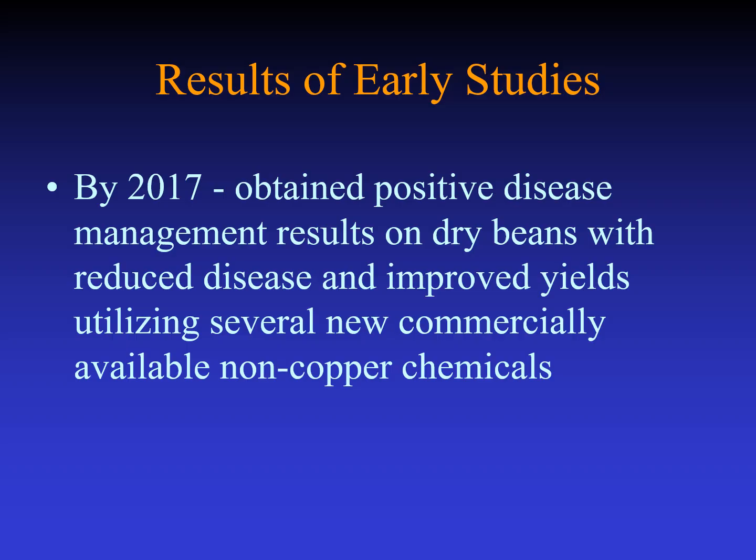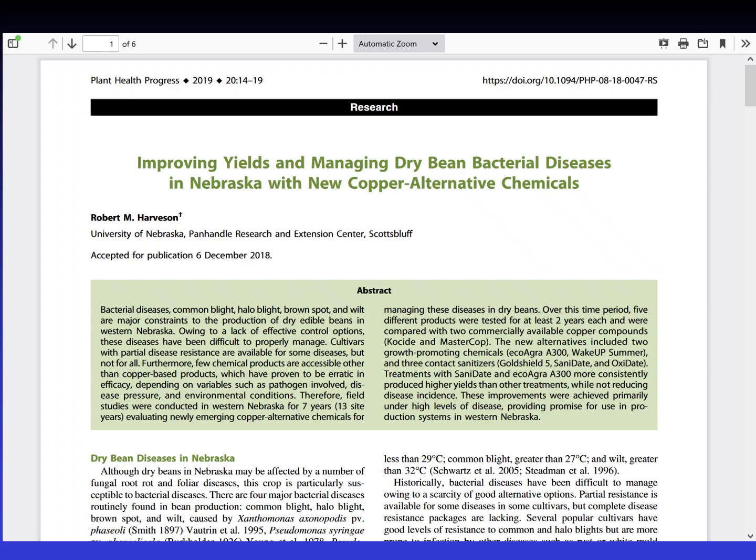Okay, we found that by 2017 we felt like we had done enough work to find some products where we saw some positive effects to manage the diseases on dry beans. In fact, it was good enough that we were able to publish the article, Improving Yields and Managing Dry Bean Bacterial Diseases in Nebraska with New Copper Alternative Chemicals.